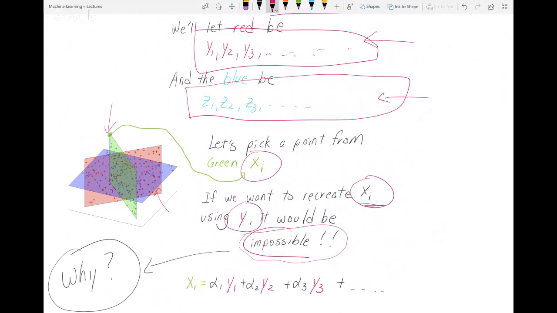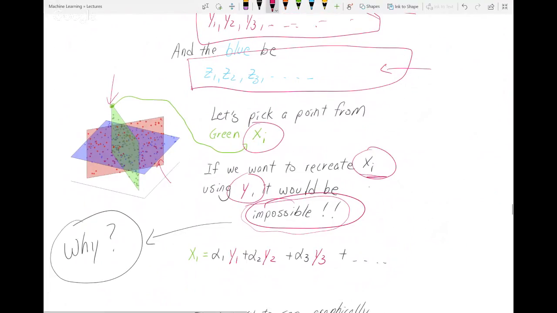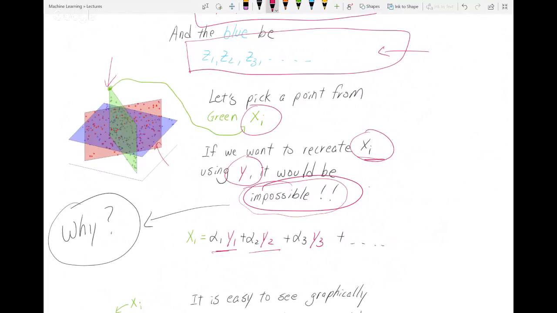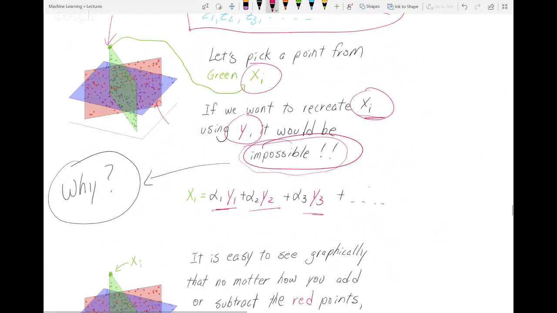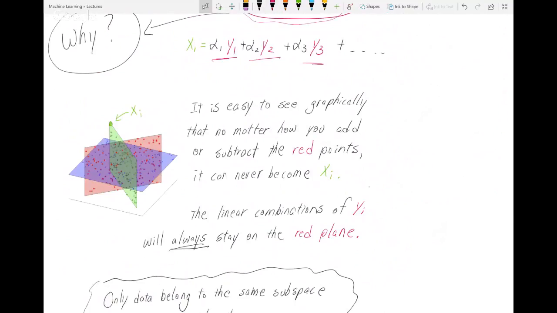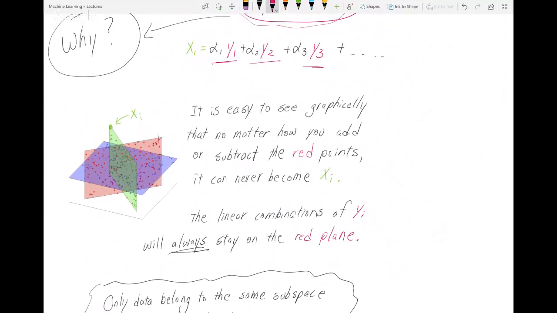Well, it would be impossible. If we try to find some combination of adding up the y's, all the red dots, it's easy to see graphically why it doesn't work. Let's pick this dot and this dot: no matter how you add them together, it's still going to stay on the red plane. It's never going to jump out and go onto the green plane.